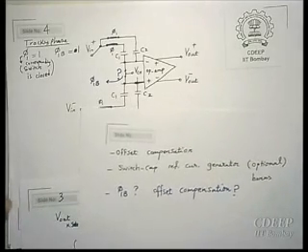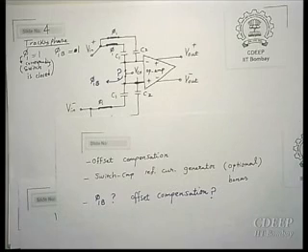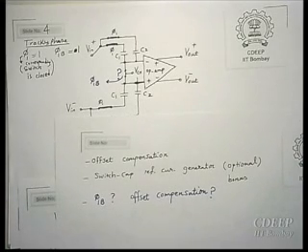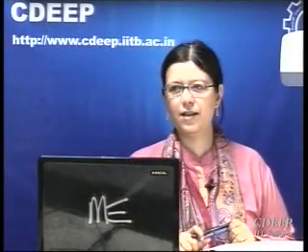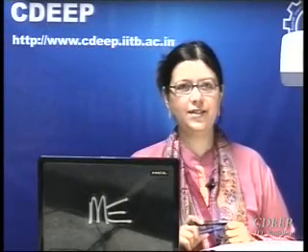Okay, if the answer is not found in the paper, then you do it with offset compensation. Okay, so now which switch will be open first? Corresponding to phi 1b or phi 1? Phi 1b. Why?